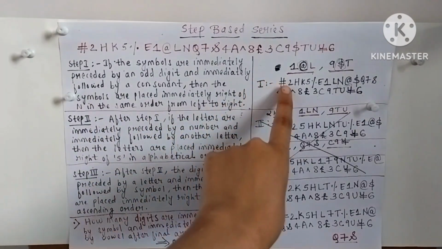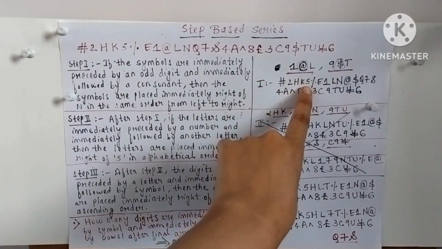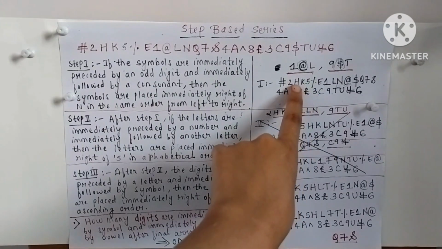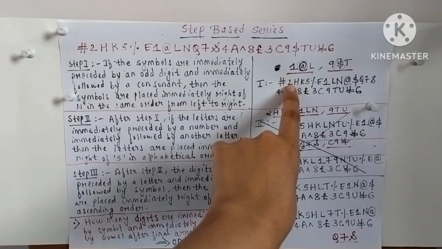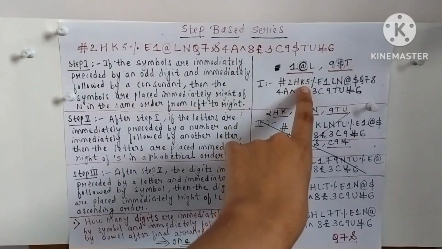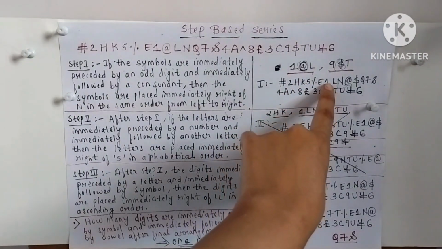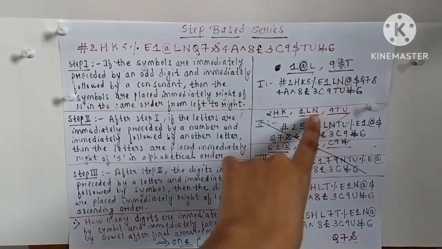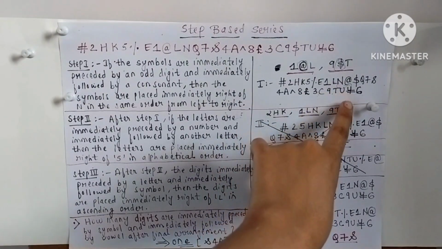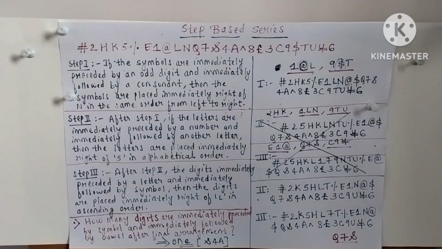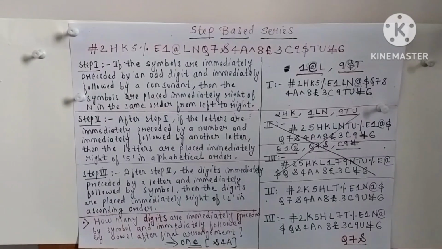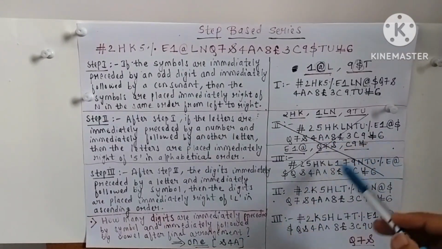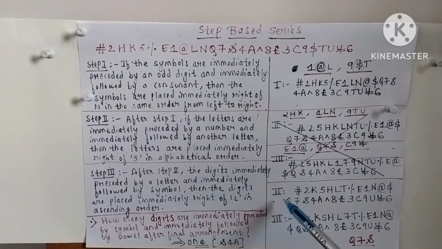So here 2HK, the letter is immediately preceded by a number and followed by another letter. So 2HK is one thing, then 1LN is the second thing, and 9TU is the third one.